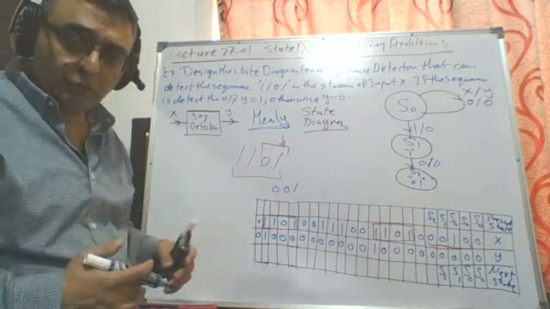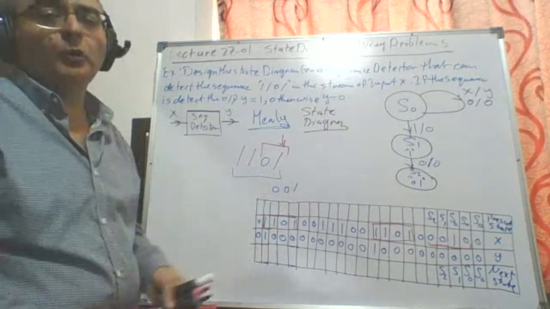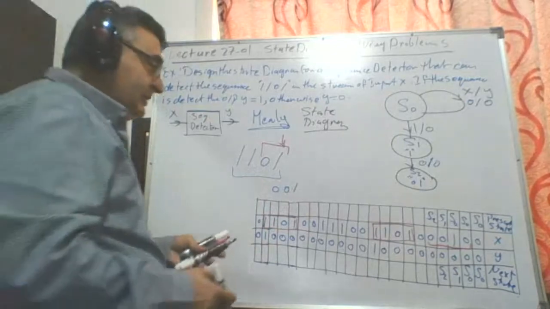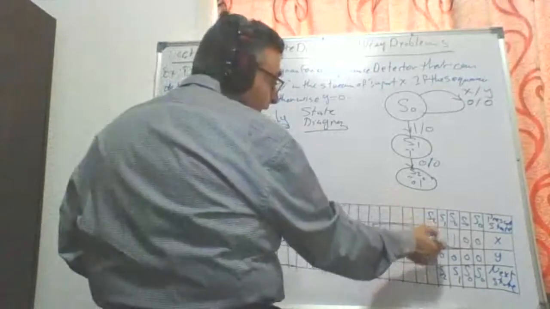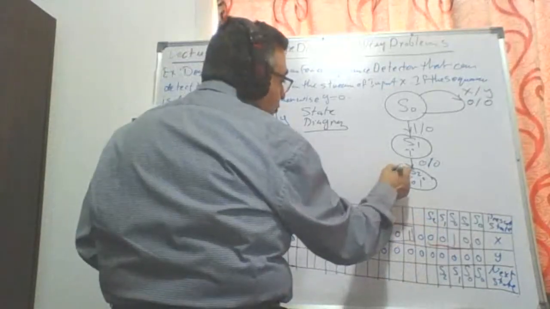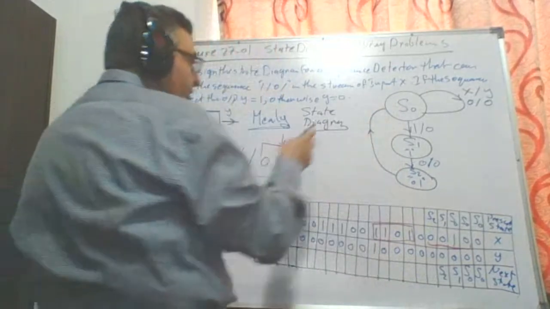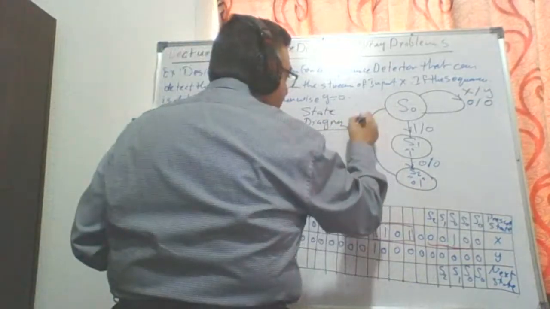You have to start over with a new 1. When this 1 comes, you may have a hope to complete the sequence. So if I am in S2 and I receive the second zero, I have to go all the way to S0, with output 0.